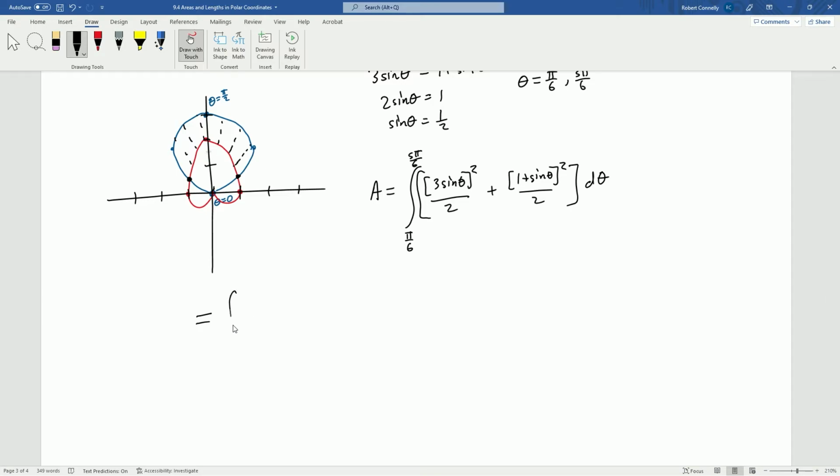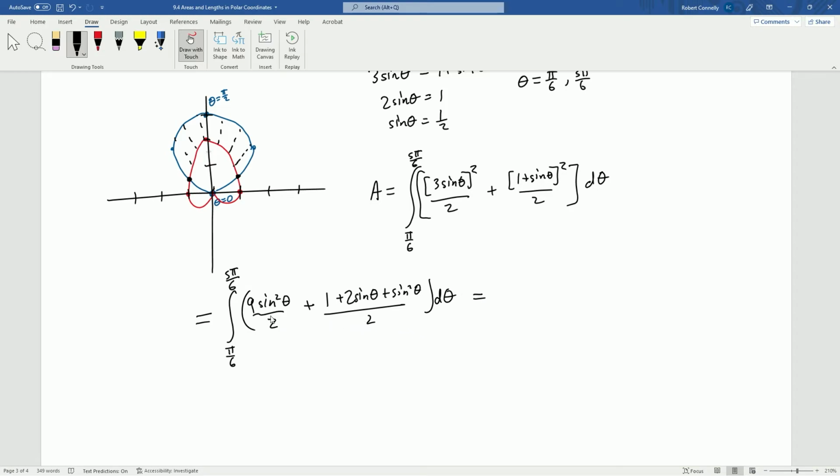So we've got to clean this up a little bit. Gives us 9 sine squared of theta over 2 plus 1 plus 2 sine of theta plus sine squared of theta all over 2, d theta.